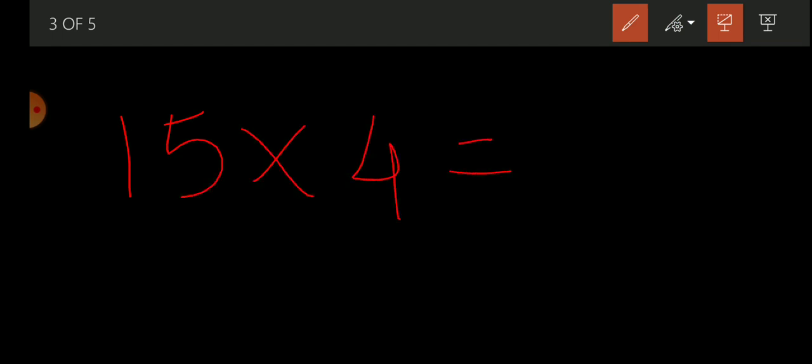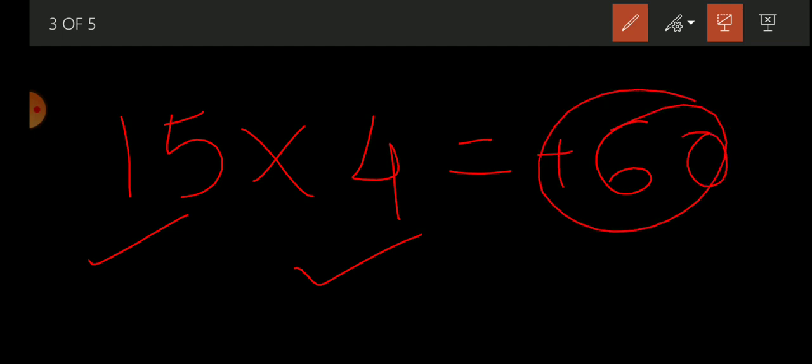Let's understand by examples. 15 multiplied with 4. First of all, we will check whether both integers have the same sign or not. You can see here 15 is positive and 4 is also positive. So that means my answer should be positive only. My answer is plus 60.